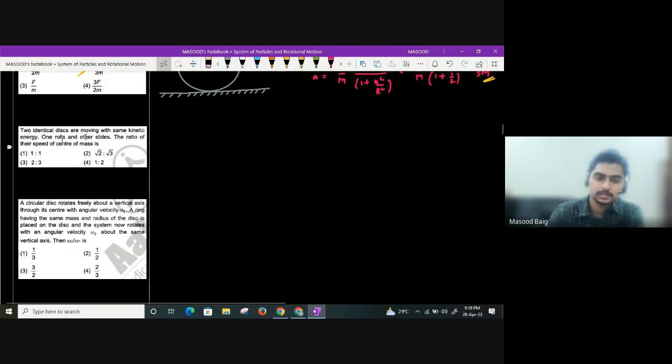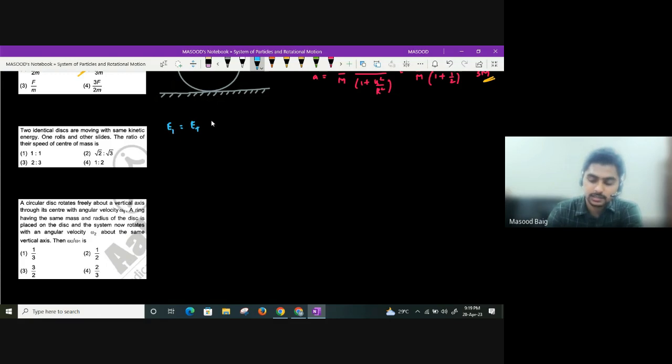Next question, let us see. Two identical disks are moving with the same kinetic energy. One rolls and the other is only sliding. The first disk is rolling, so it will have both translational as well as rotational kinetic energy.